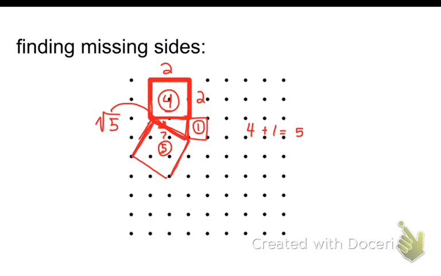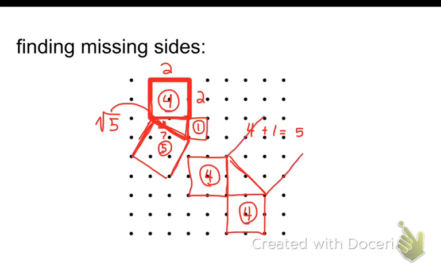Okay? Let me give another example. If I have a side that is, say, 2 by 2, I know this part here is going to be worth 4. I know this part right here is going to be worth 4. But I want to know, what's this part going to be worth?